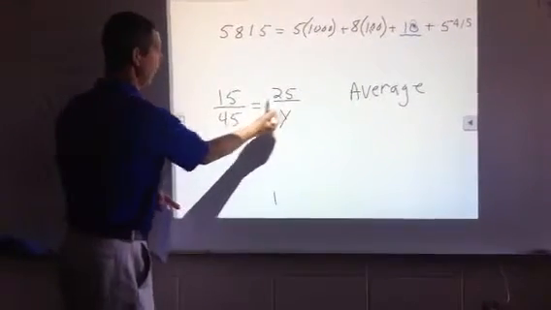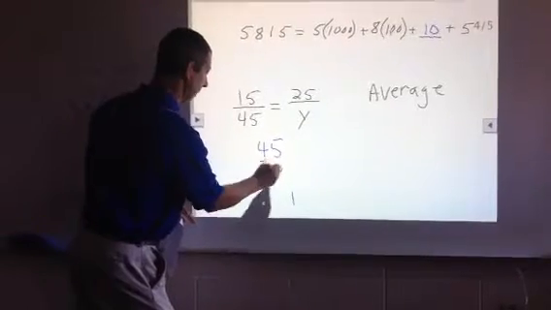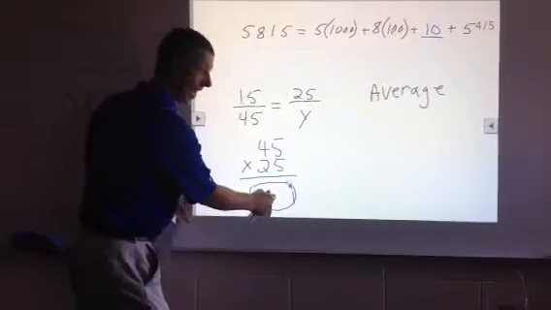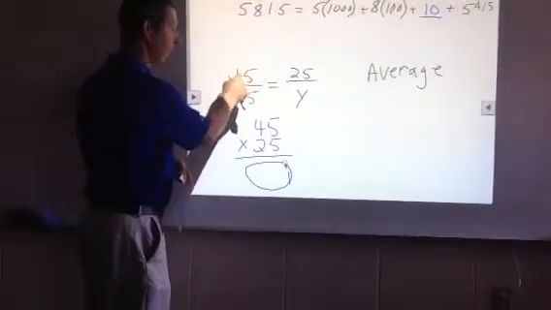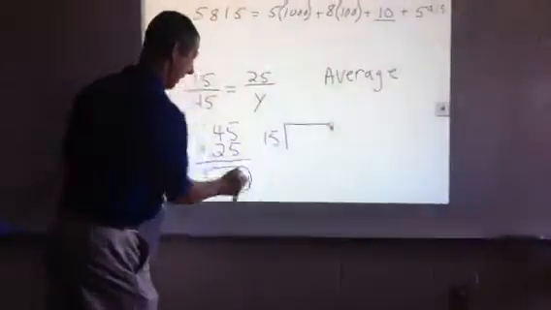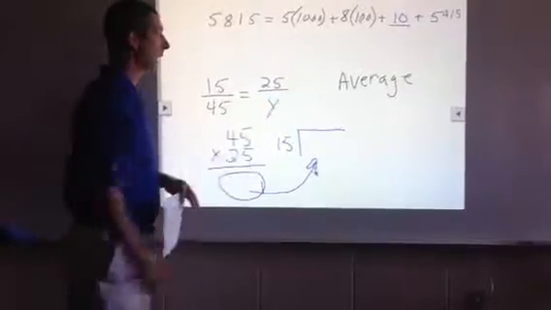So we go 45 times 25, get your answer. Take that answer and divide 15 into it. So 15 would go here, your answer goes here, and you'll have what y is.